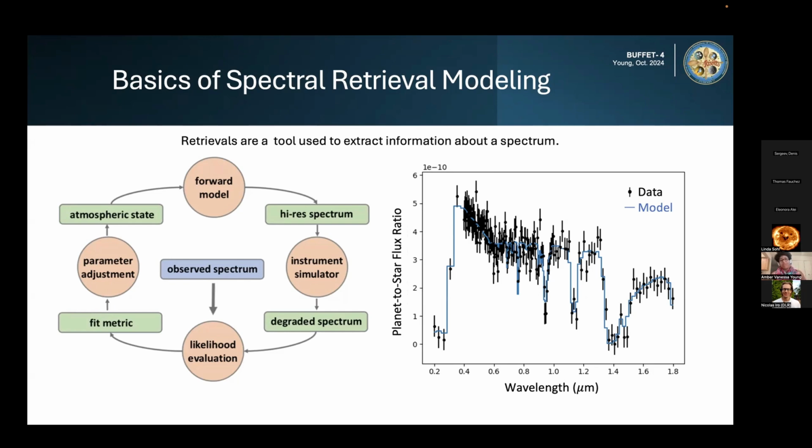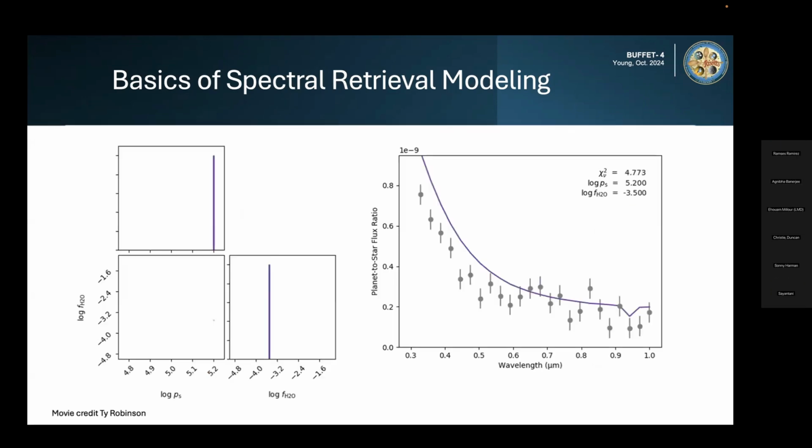So you'd go through the loop and adjust the parameters to get a new atmospheric state, a new spectrum, and continue the cycle, until you've achieved a statistically good fit between the model and the data set, with a reduced chi-squared around 1.